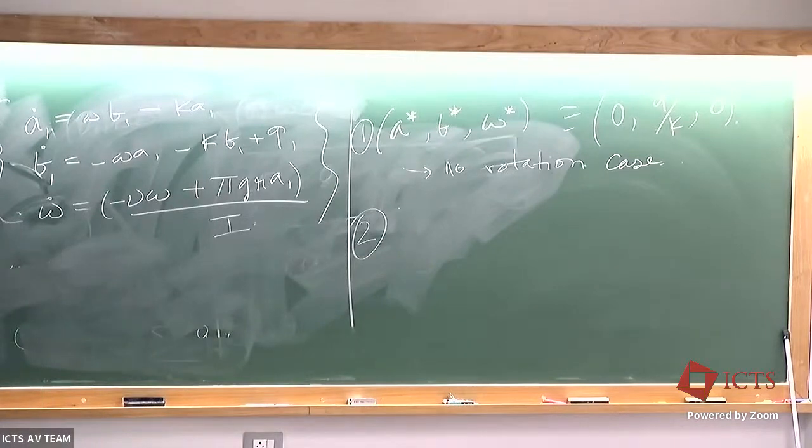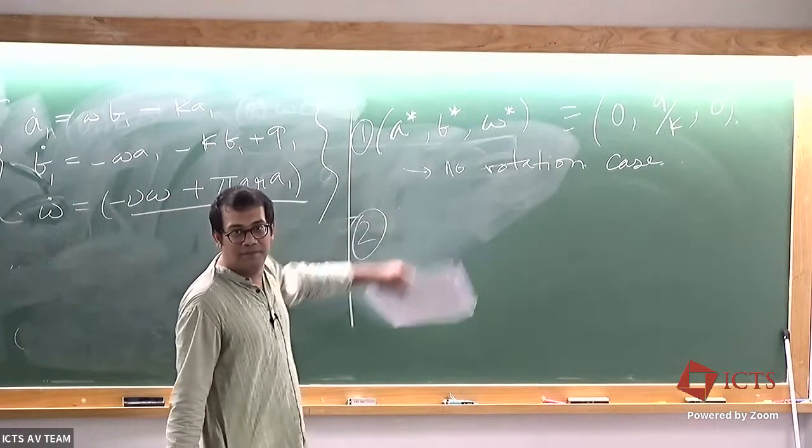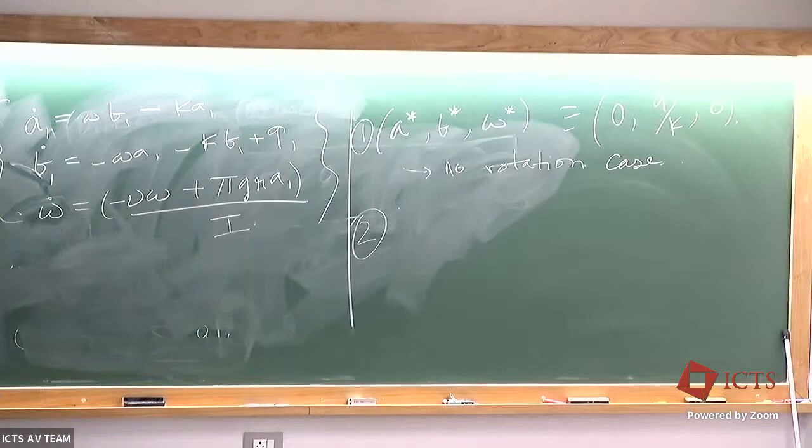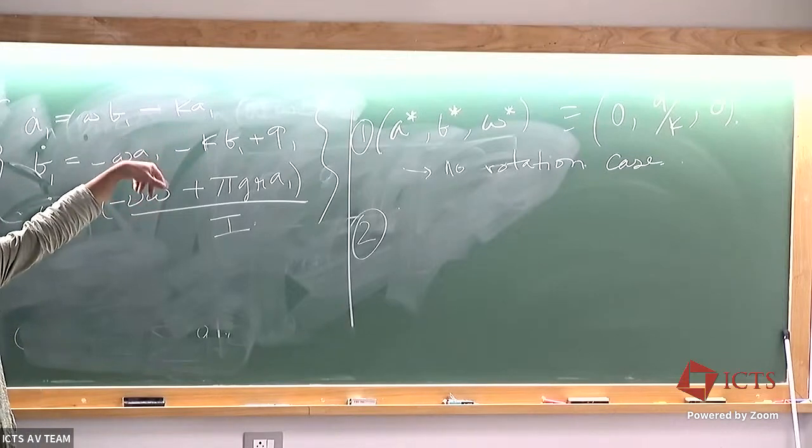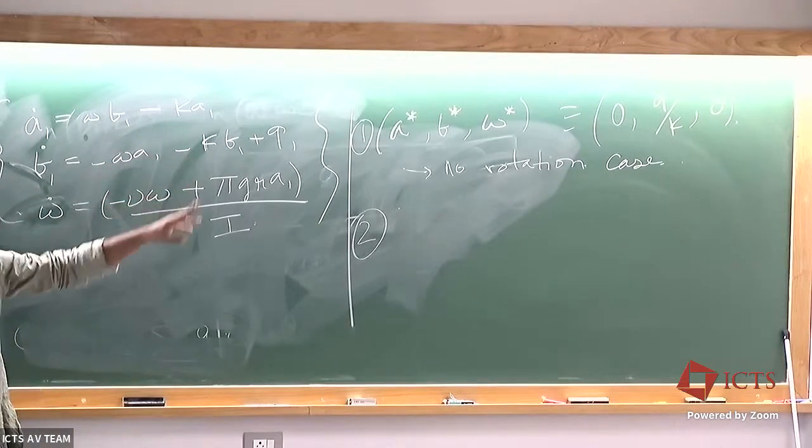So one fixed point will be 0, q by k, and 0. You can just substitute in, in case I made a mistake. That calculation shows that that fixed point is right.